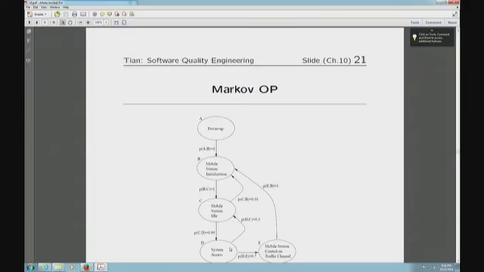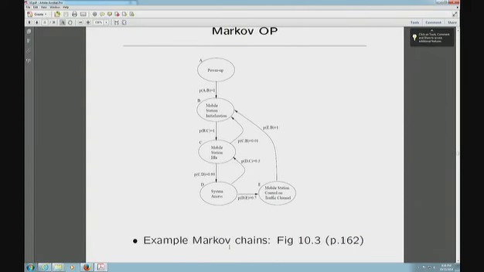Okay, and so this is an example that follows through the example we had before about the operational profiles and the finite state machines. This was our original finite state machine, the state transition diagram for that cellular communication system.